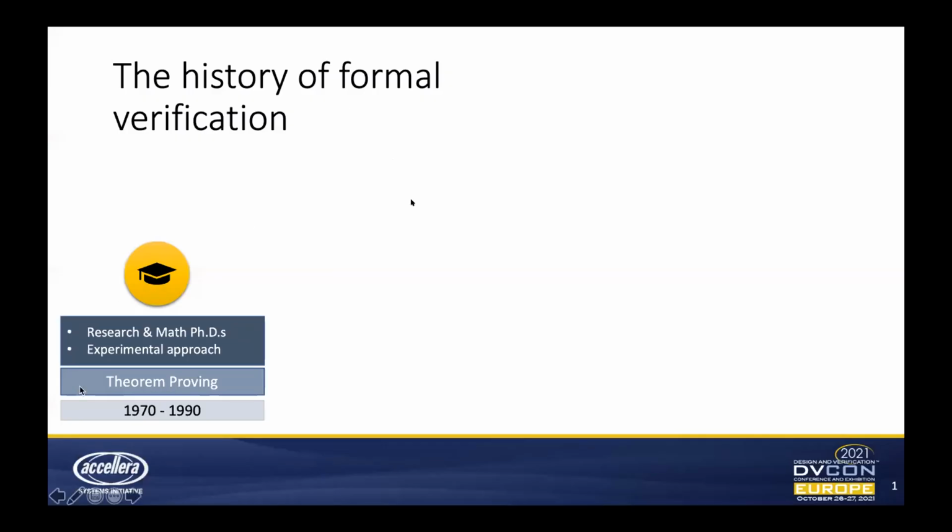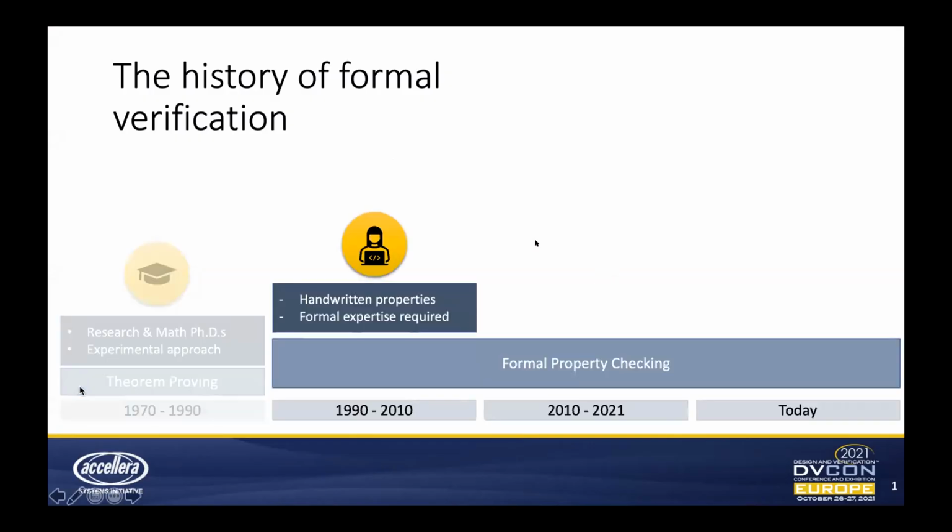If we take a look at the history of formal verification, everything started back in the 70s with a crazy theoretical approach called theorem proving, mostly conducted by people working in research or math PhDs. And it was not really applicable to the field of digital design. That changed in the early 90s when theorem proving evolved and people started using something called formal property checking.